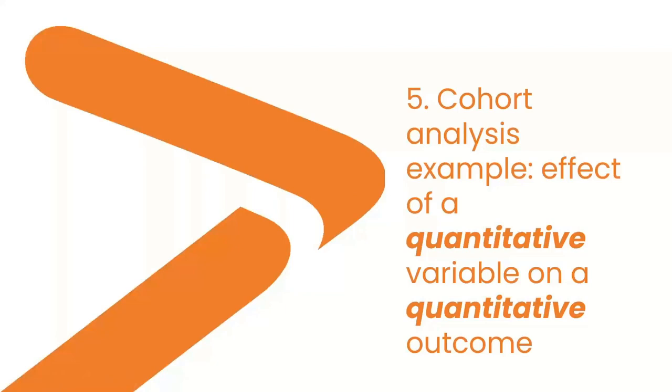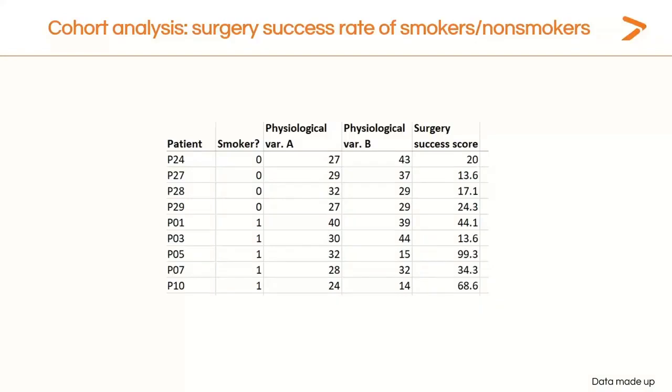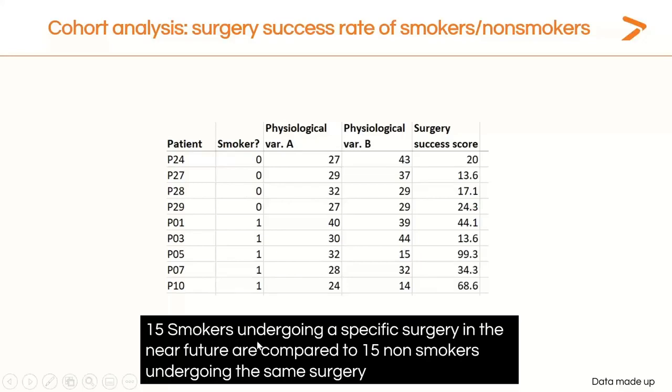We saw how to investigate the effect of one qualitative variable on one quantitative variable, and the effect of one qualitative variable on one qualitative variable. Now we will see one last case for today: how to investigate the effect of one quantitative variable on one quantitative outcome. So we'll be using a cohort analysis data set, which is also made up, called surgery success rate of smokers and non-smokers. 15 smokers undergoing a specific surgery in the near future are compared to 15 non-smokers undergoing the same surgery.